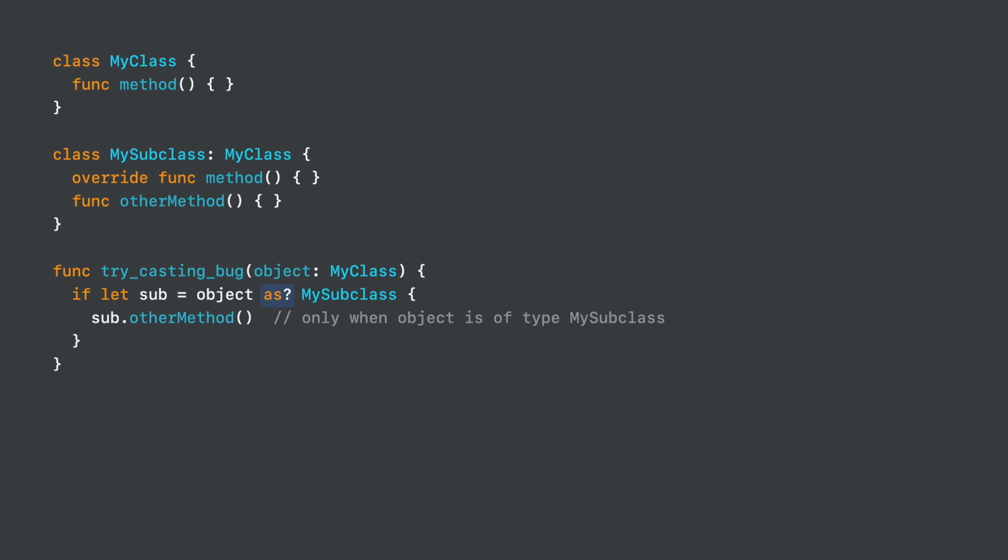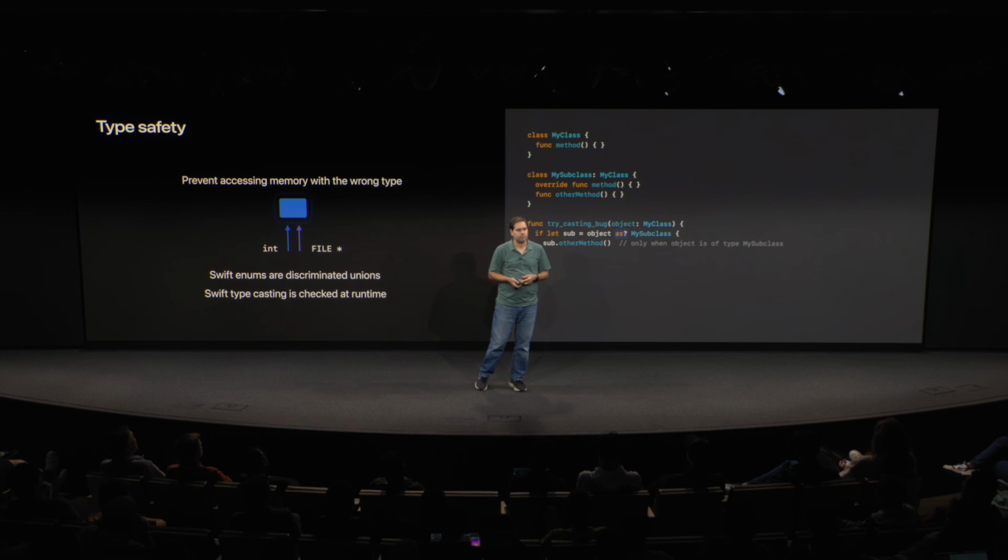So if it's an instance of the subclass, the code will run inside the body of the if, so we can call the other method. That's safe. If the downcast fails, the optional is empty, the body of the if is not executed. So this eliminates any potential memory safety holes from casting, as well as helping avoid programming errors due to incorrect casts.